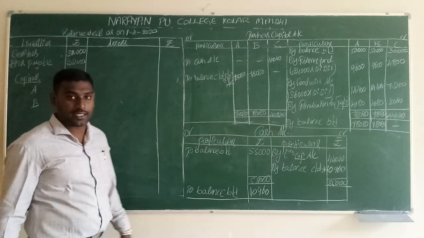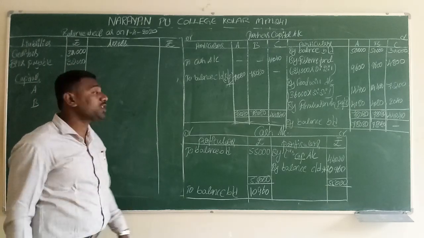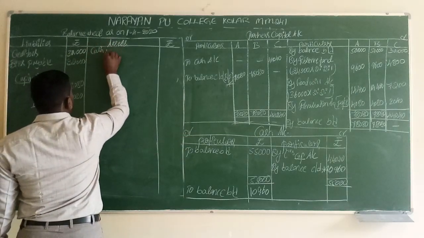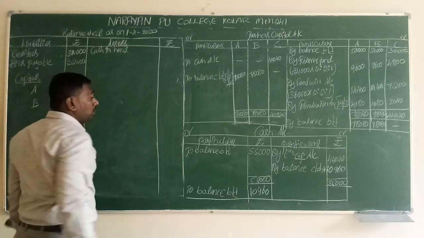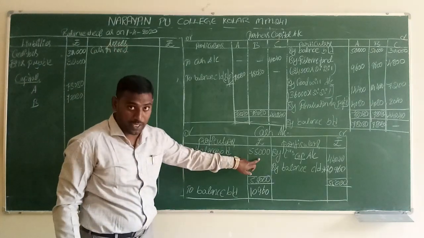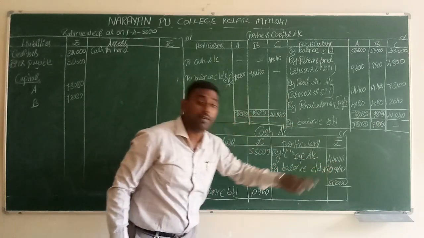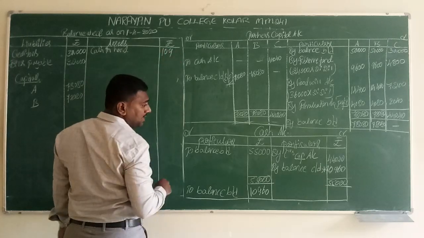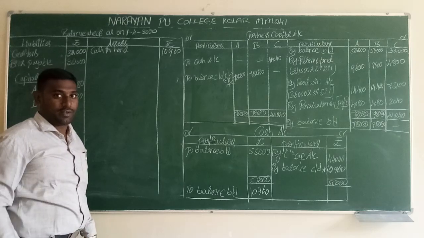Let's come to the asset side. The first item is cash in hand. We write the same heading, cash in hand. We had a cash balance of 55,000 previously. After settlement of C, we have a cash balance of 10,960 rupees, which is available in our business.